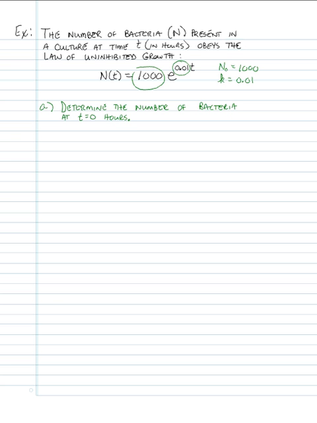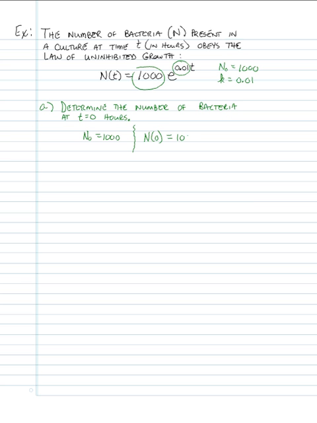Now, we ought to be able to do that directly because remember, N sub 0, that number 1,000, represents the original amount. And the original amount is what amount there is when we start measuring time at time 0. But it's nice to know that the formula itself will give us this. Because what we would do is say, okay, time is 0, so we want to know the number of bacteria we have, so we put our t value of 0 into the function.